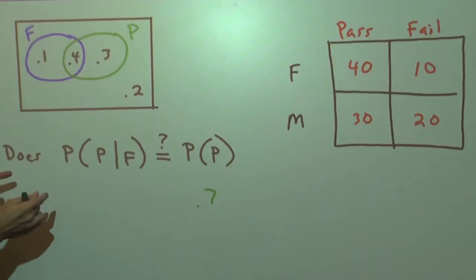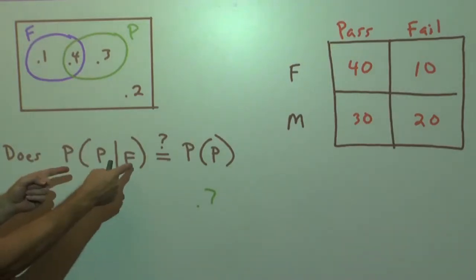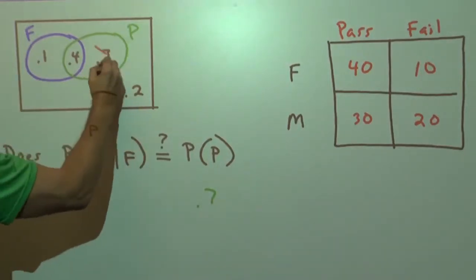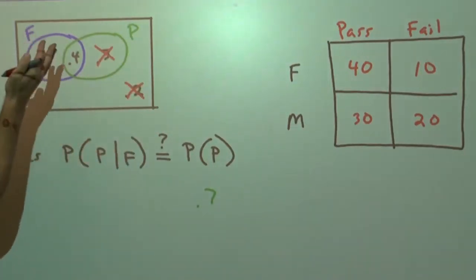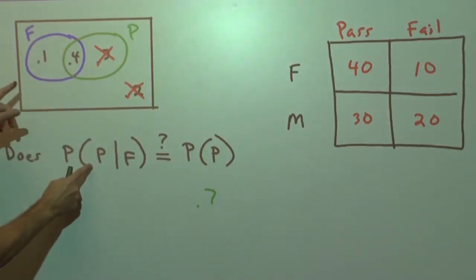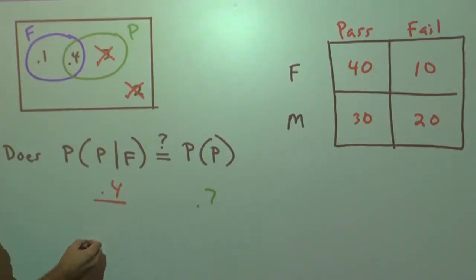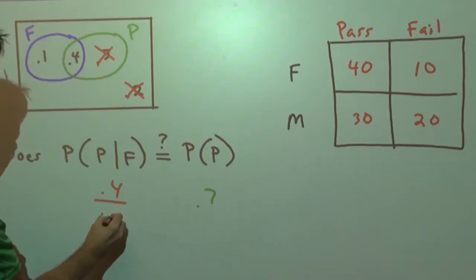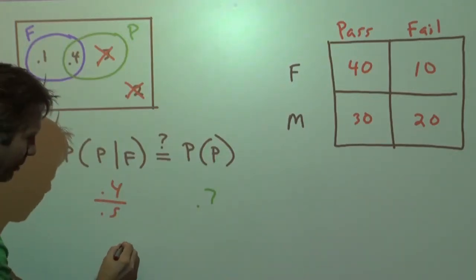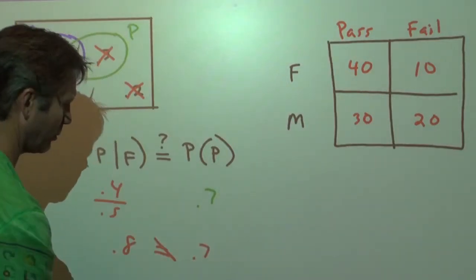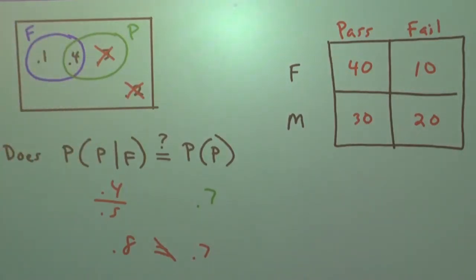But for the probability of passing the test given that we have a female, we shrink the sample space to just the females. Just in the female group, what's the probability they pass the test? It's 0.4 out of the 0.5 altogether in there. That's 80%. So it's not true that 80% is equal to the 70% that we had.